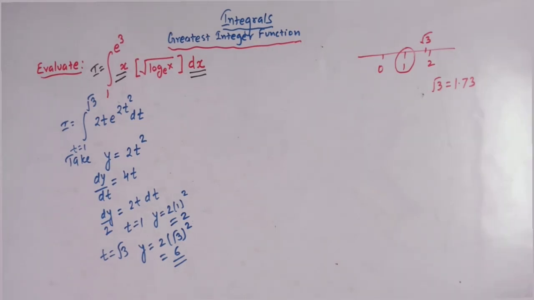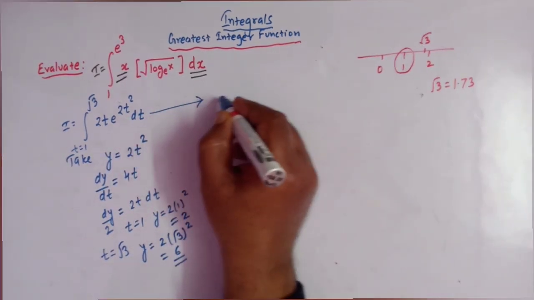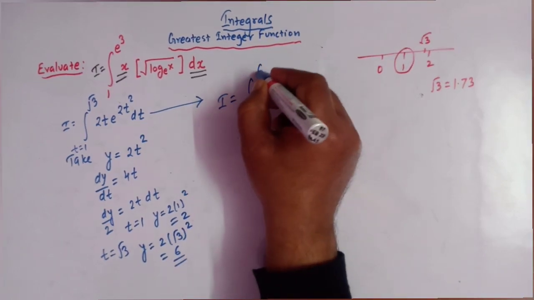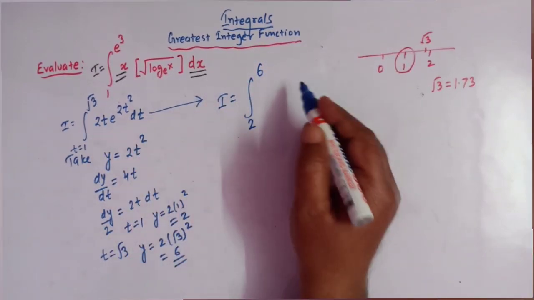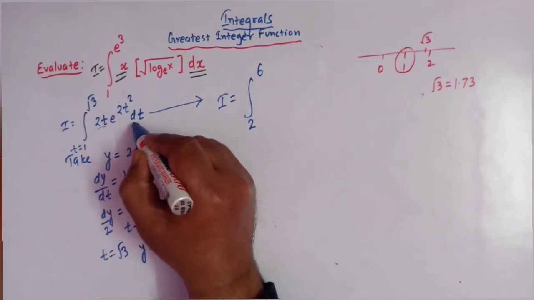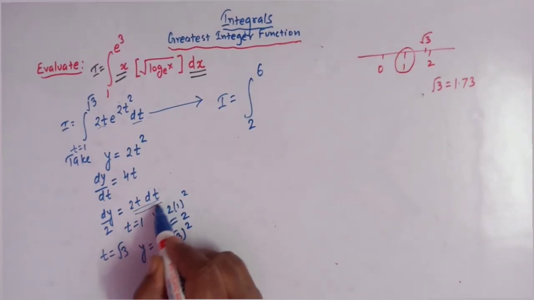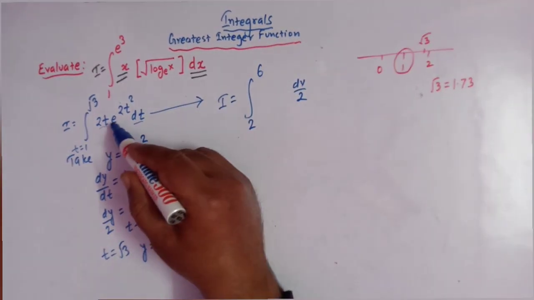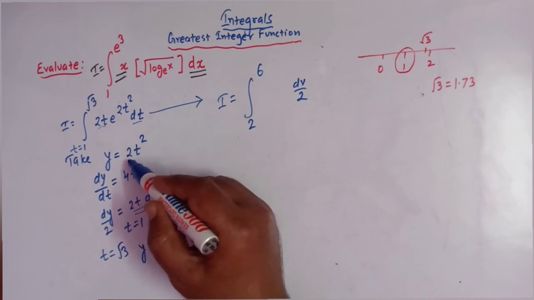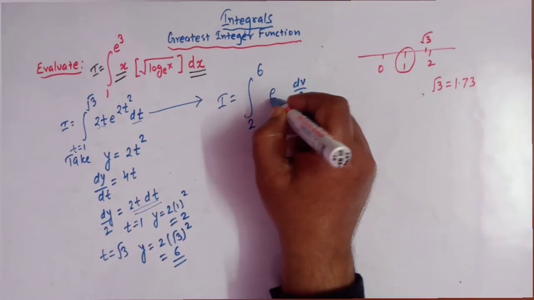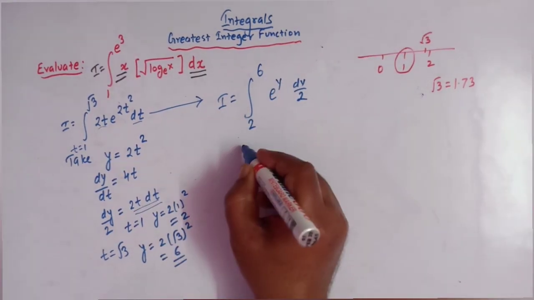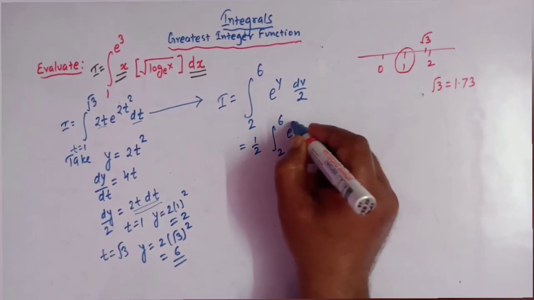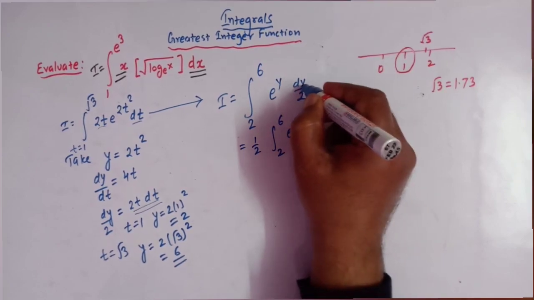So now we can rewrite this integral as I is equal to the integral from 2 to 6 of 2t dt, right? For 2t dt we can now write dy over 2, and here we have e raised to 2t square. 2t square is y, so here we have e raised to y, right? So now we have half, integral from 2 to 6 of e raised to y dy, right?